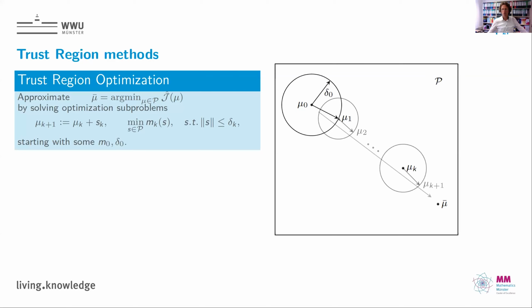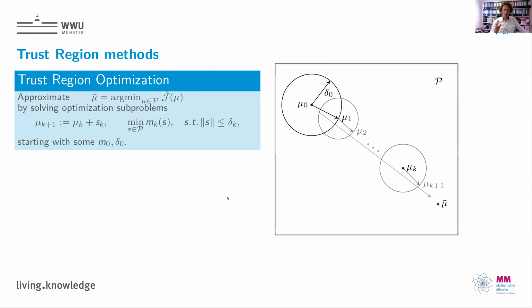So you go from mu1 to mu2, and you solve the optimization problem only in a region where you trust your model. And this in the trust region approach is given by this constraint that the update needs to be bounded by some radius delta_k.